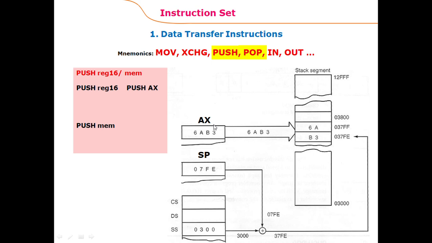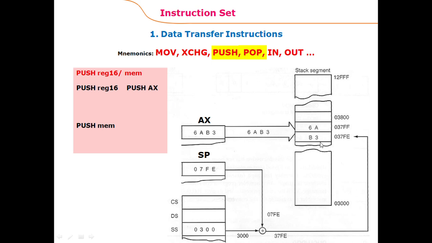This is the AX register, which stores a 16-bit value 6AB3 in hexadecimal, and let's assume this is the stack segment register content 0300. This is the memory state, the stack segment state, which is shown after the push AX instruction is executed.